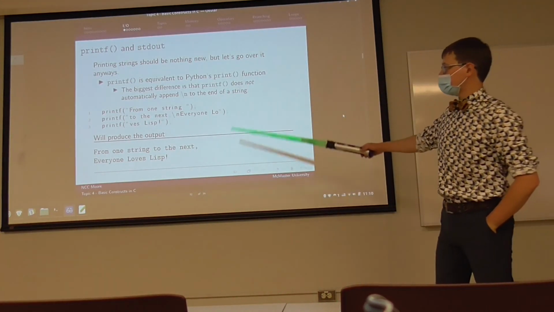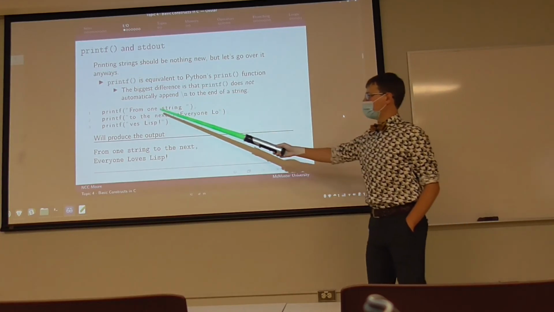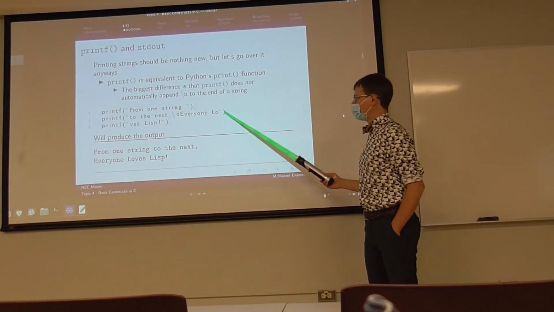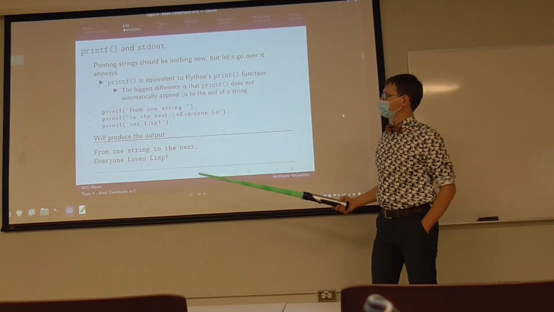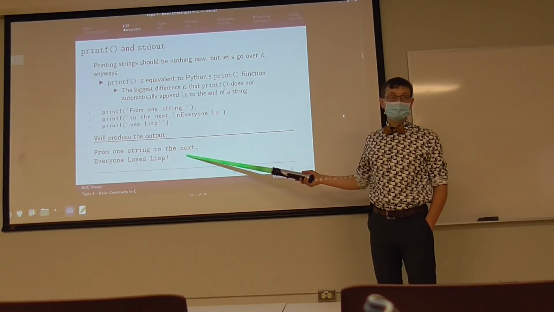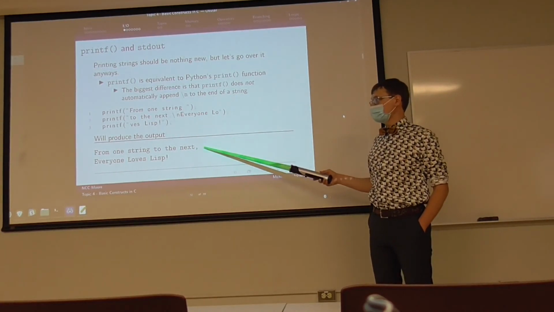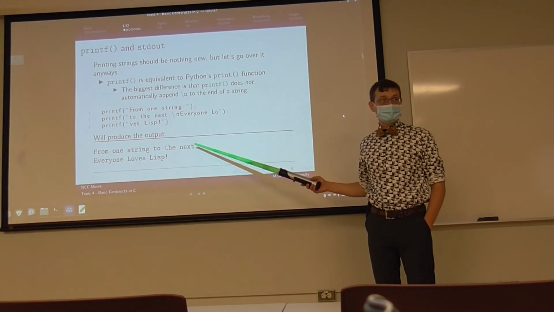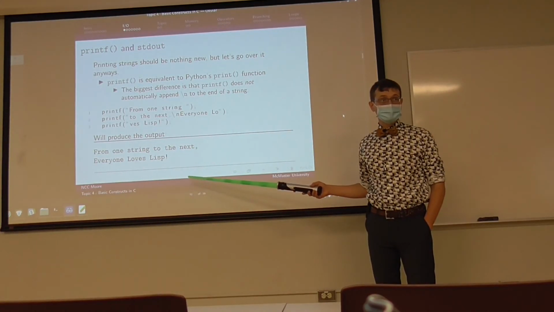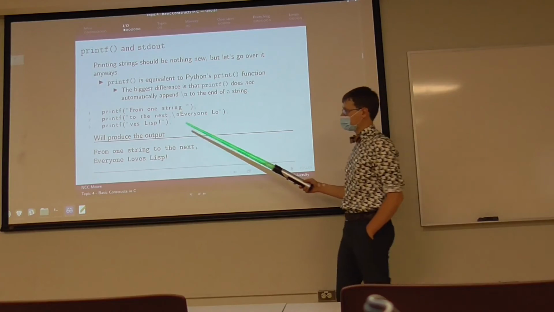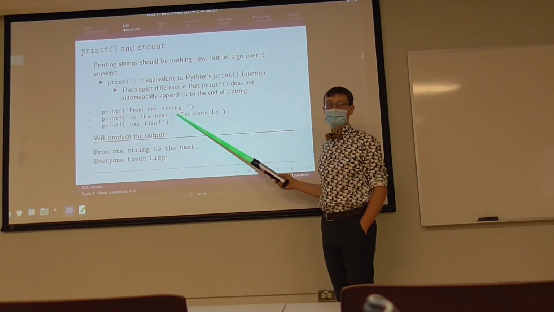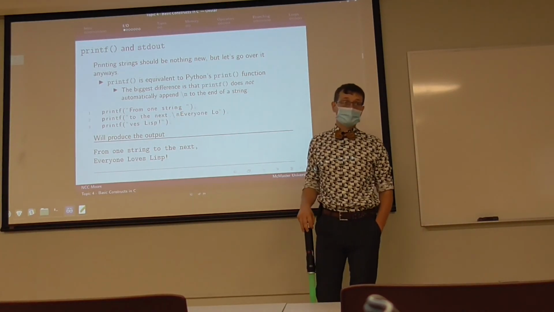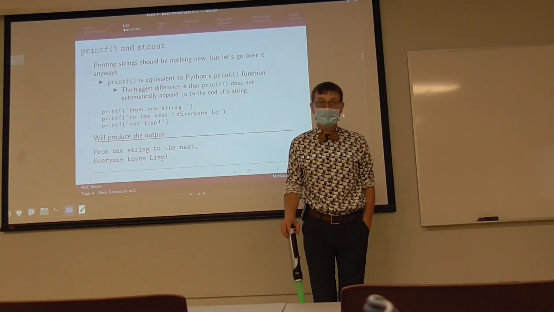So the following three print statements will produce this output, right? The only place it goes to the next line is when you have an explicit newline character, and they don't just have to be at the end of the string. Make sense?